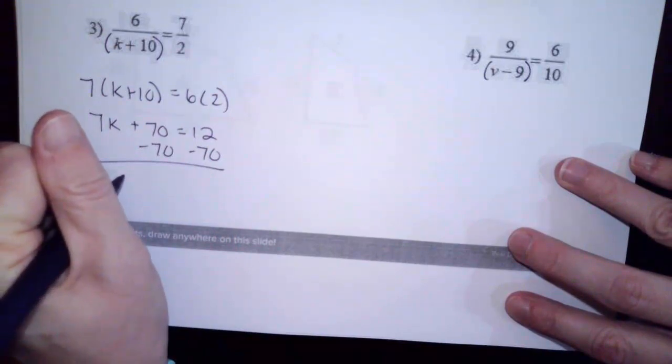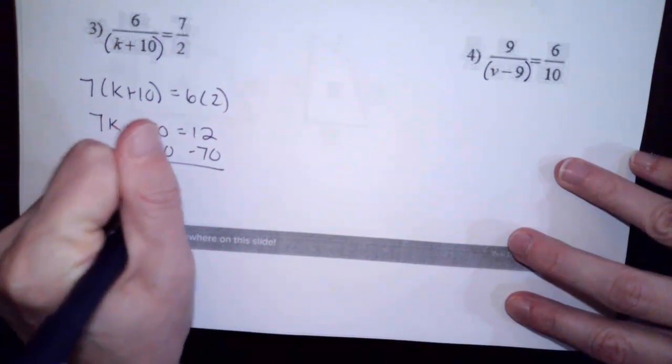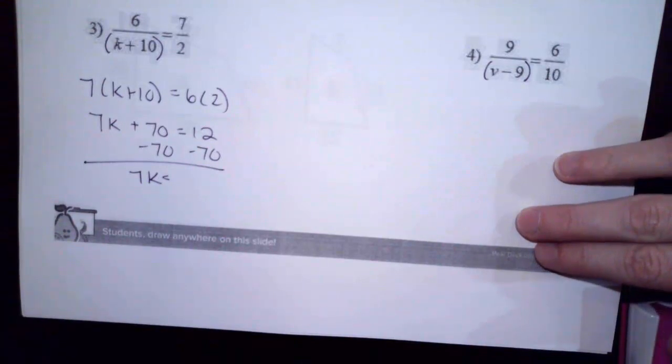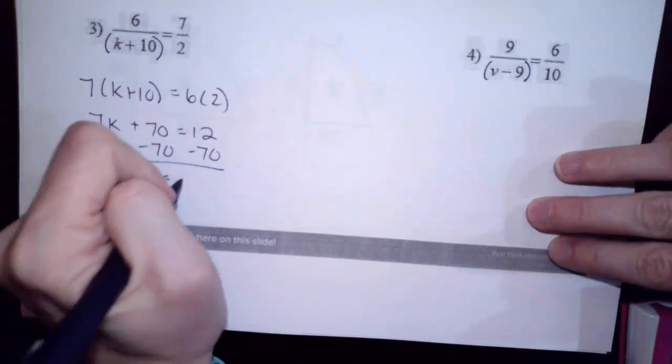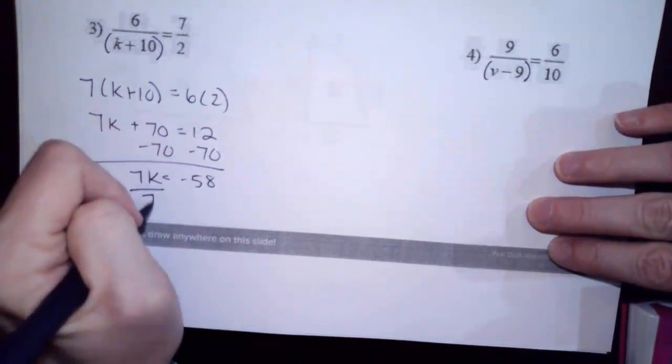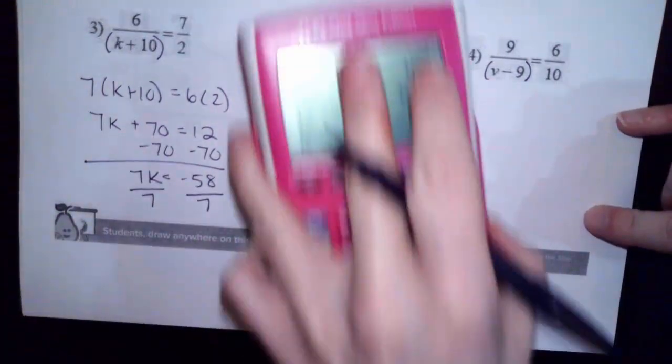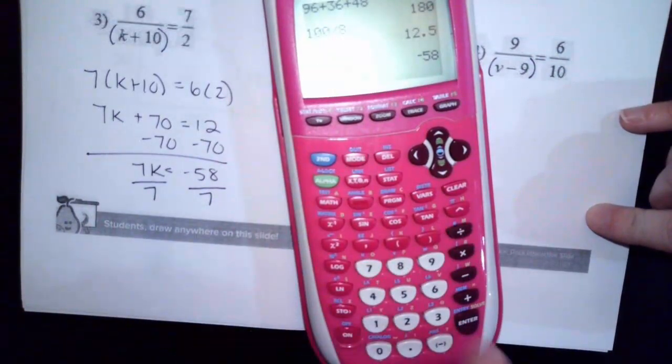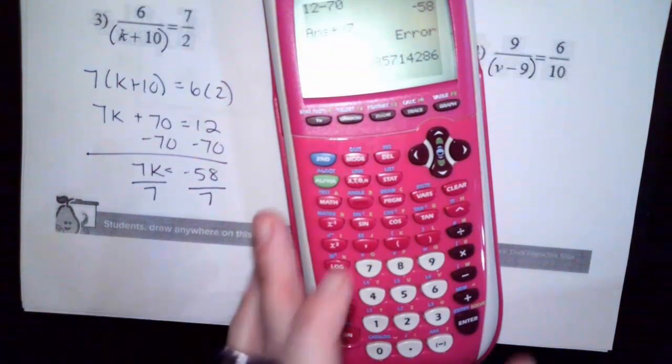And you get 7k equals 12 minus 70, negative 58. Divide by 7. Whoops, what did we do wrong here? Negative 58 divided by 7. And you get, let's round that to negative 8.3.